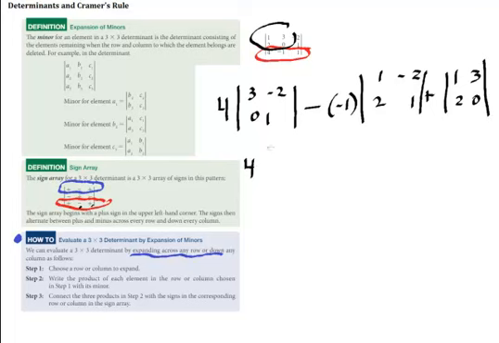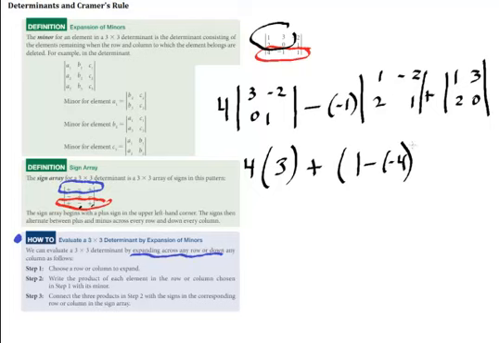So I have 4 times 3 minus 0. Plus, because negative times negative is a positive, that's just a 1, minus a minus 4.